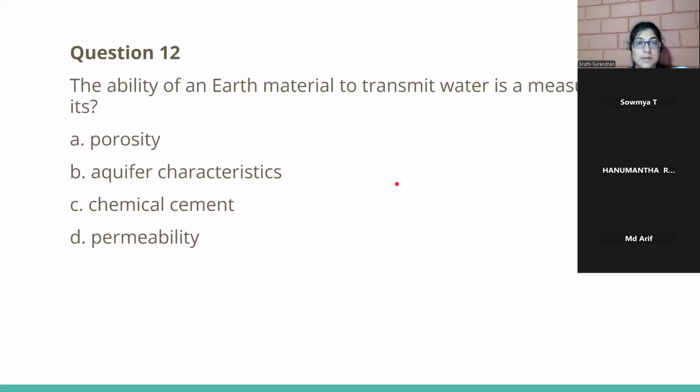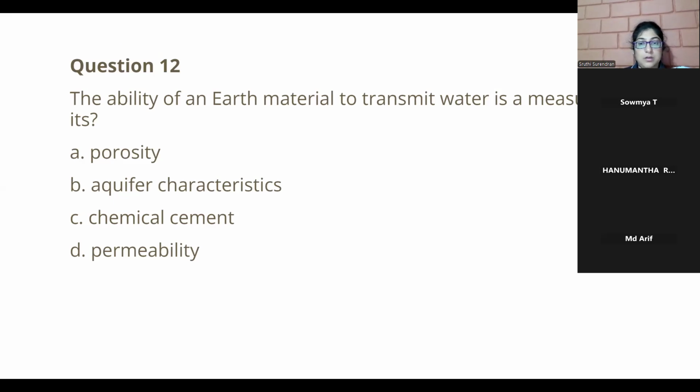Then what is the ability of an earth material to transmit water called? Yes, it is permeability.